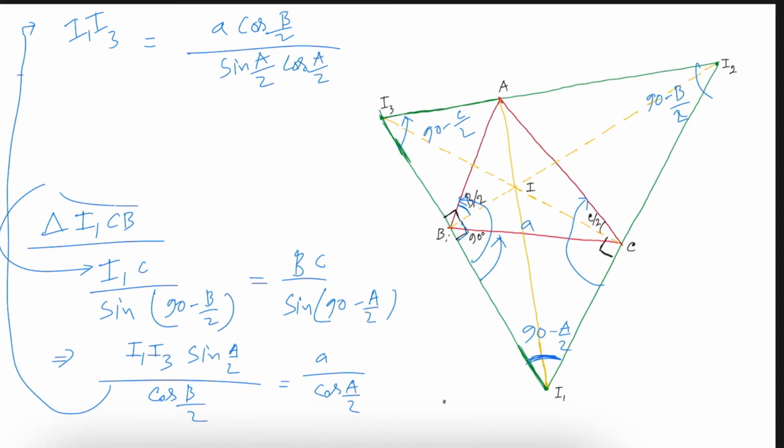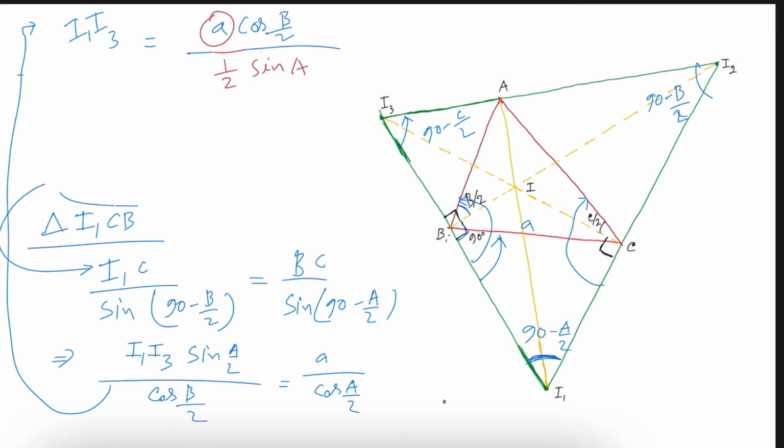So in the denominator we are writing it like this, half into 2, and this part will reduce to sine A. So in the denominator it will become half sine A.